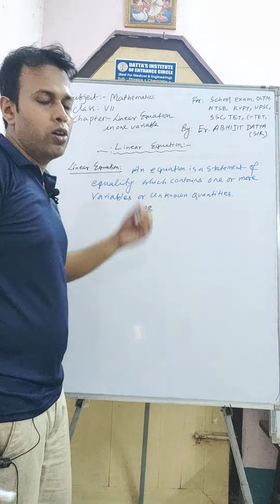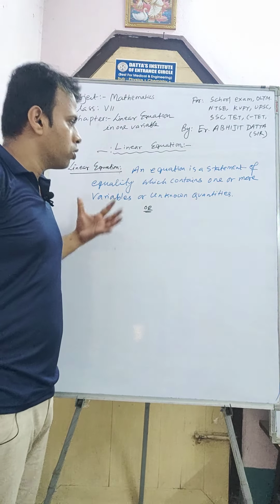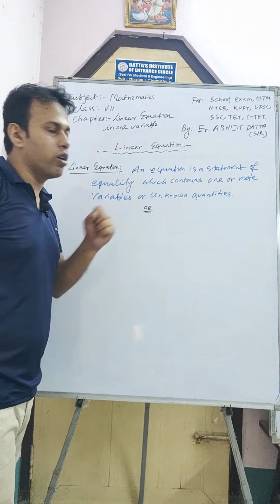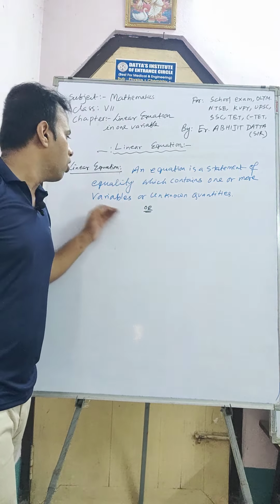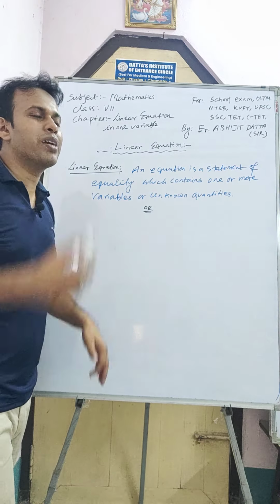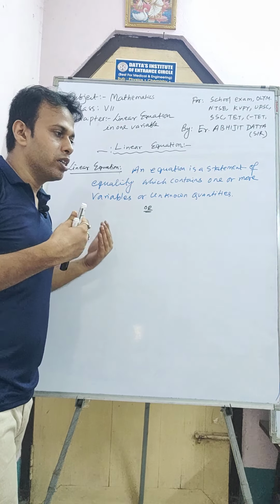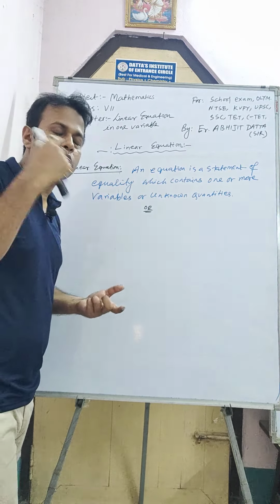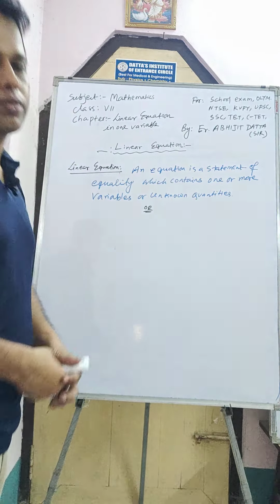It may contain one or two or three terms, and there are unknown quantities, that is, we don't actually know the value of it. These unknown quantities are known as variables, that may vary. Sometimes it may be 1 or sometimes 3 or sometimes 0 also.